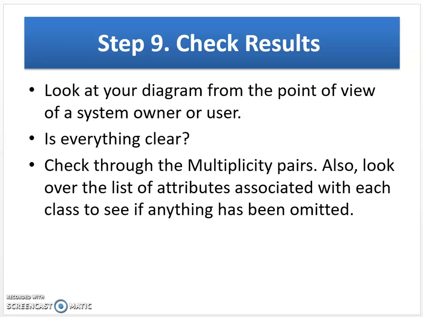Once you are done with that, you can just make sure that the diagram is fine. There are no many-to-many relationships. It's always one to many, or we have already resolved all the many-to-many relationships. Once that is done, then that means we are done with our diagram.